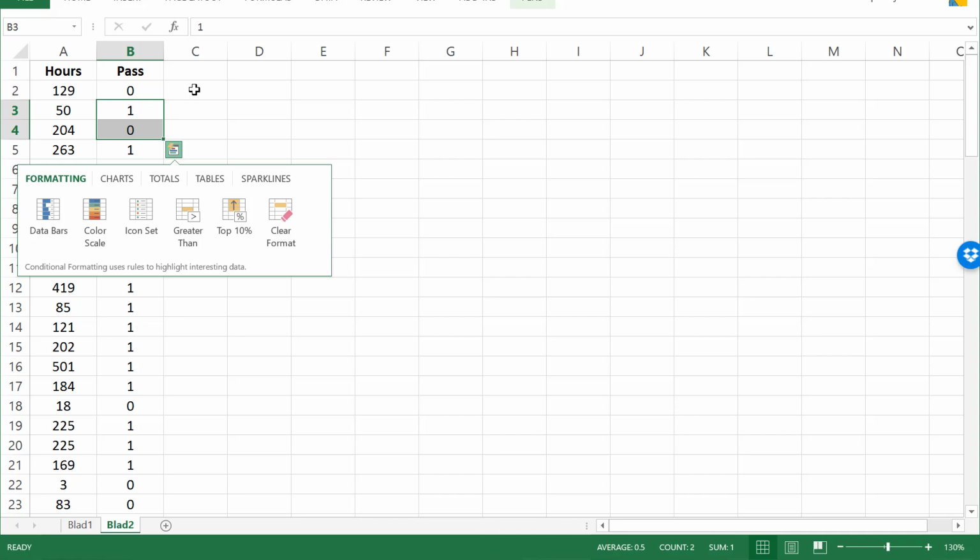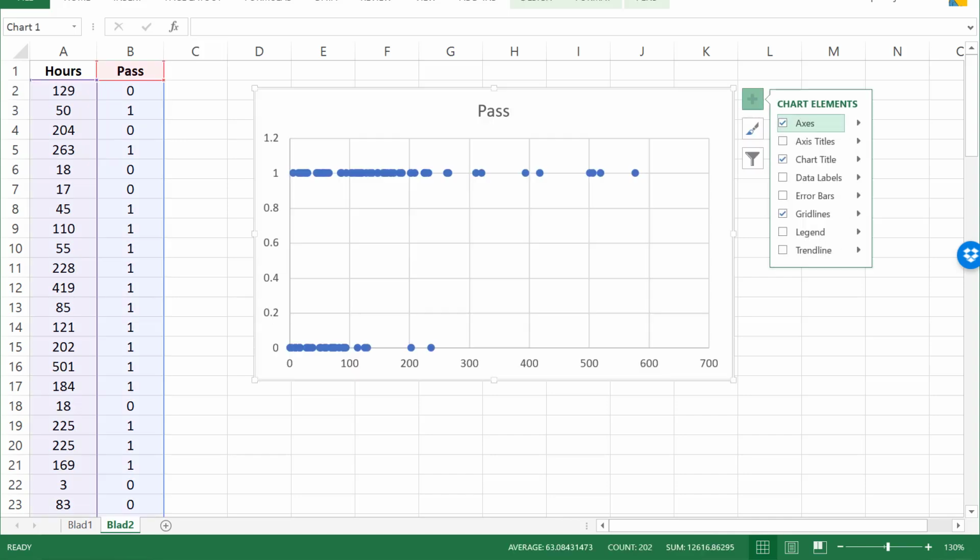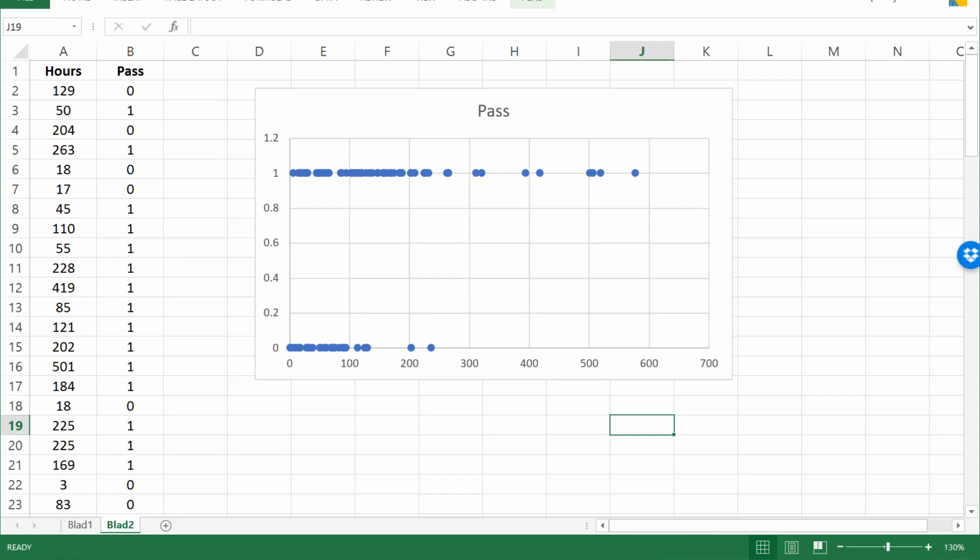But we would at least expect some general relationship in the sense that the more hours spent studying for the course, the higher the probability of passing the exam. I have made here a scatter plot of the data. On the x-axis, I have the number of hours that the student spent studying, and on the y-axis, I have the dependent variable, which is 1 again if they passed and 0 if they failed.